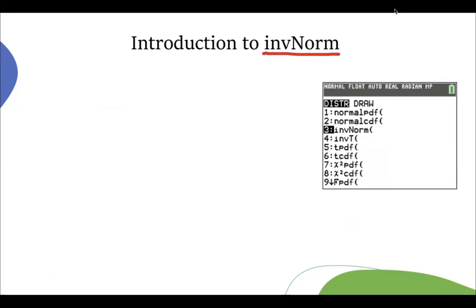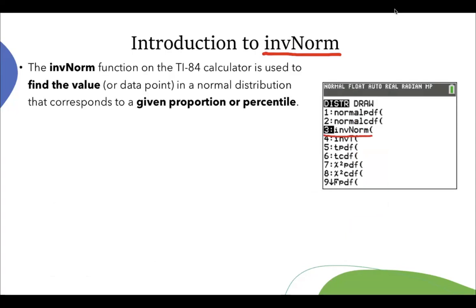Inverse norm. Inverse norm is found on your calculator right beneath normal CDF. It's number 3 on the list. And what it can do for us is find the value, also known as the data point, in the normal distribution that corresponds to a given proportion or percentile.